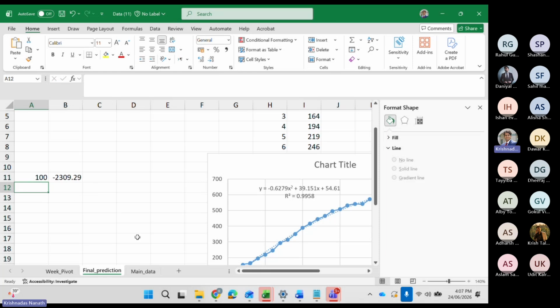Minus 2,309 is negative. A negative value of sales is your prediction when you did x equal to 100. Now, why did this happen? This is the most interesting case of overfitting in analytics. This is called deception. This is what happens when you focus on short-term trend.